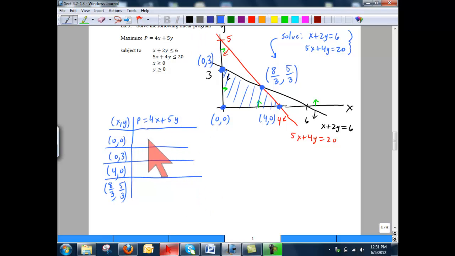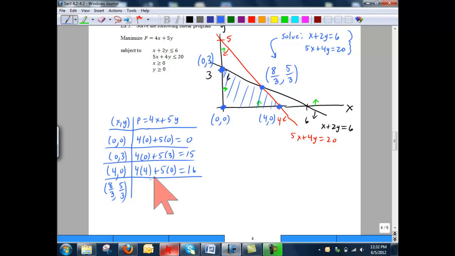Now, we take each of the corner point coordinates and plug it into the profit function. So for 0, 0, I want to evaluate 4 times 0 plus 5 times 0. And of course I get 0. If I don't make anything, I don't make any profit. Then there's 4 times 0 plus 5 times 3. That's 15. There's 4 times 4 plus 5 times 0.